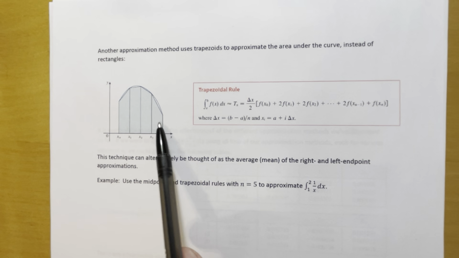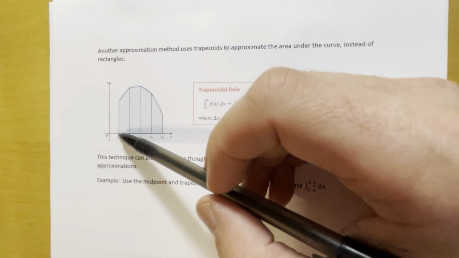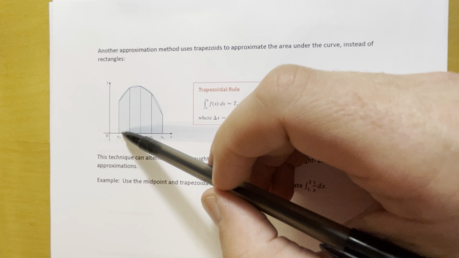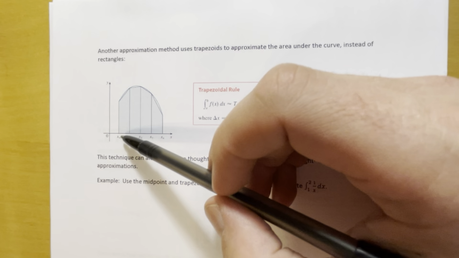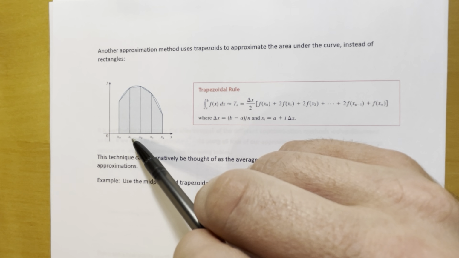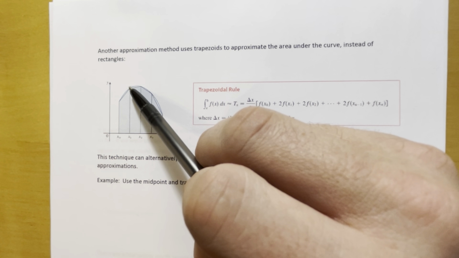So again, this time I'm using 4 subintervals in this picture. But instead of choosing some value inside my subinterval to determine the height of a rectangle, what we do instead is we plug both endpoints of that subinterval into our function to take us to points on the curve.